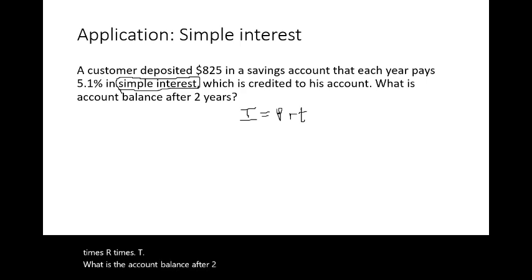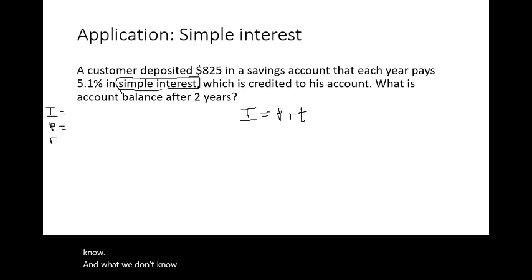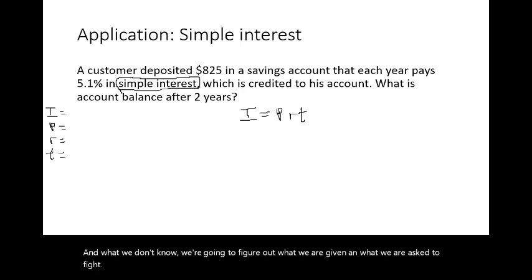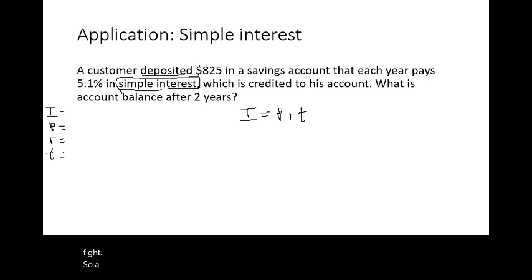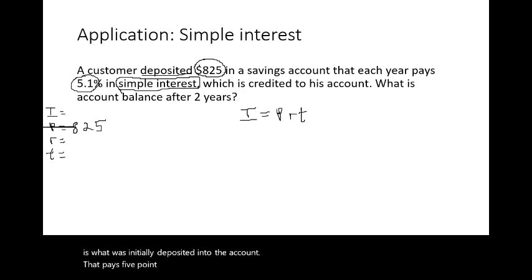All right, so in simple interest problems, there are 4 variables here, so we're going to figure out what we know and what we don't know. We're going to figure out what we are given and what we are asked to find. So a customer deposited, that's a keyword, $825 into a savings account. That is your principal. That is what was initially deposited into the account. That pays 5.1% in simple interest.